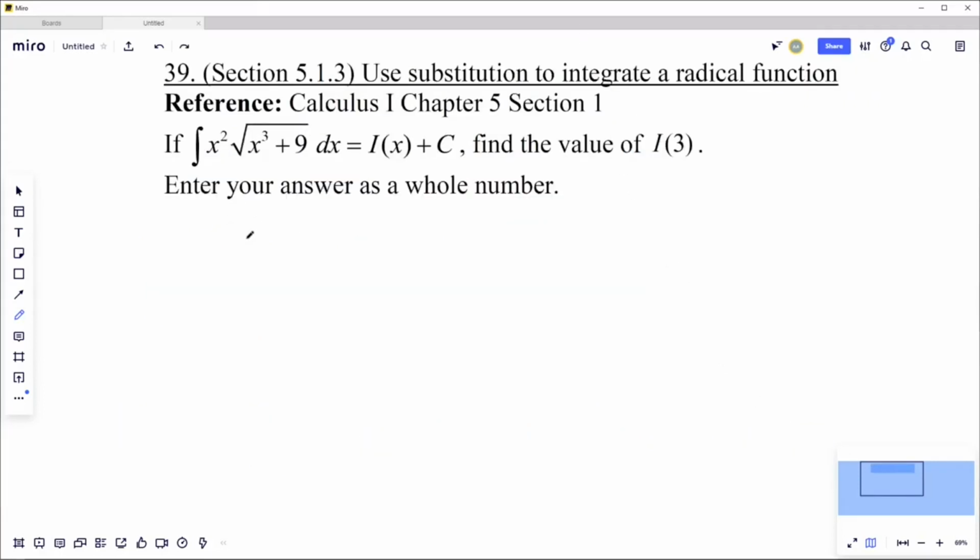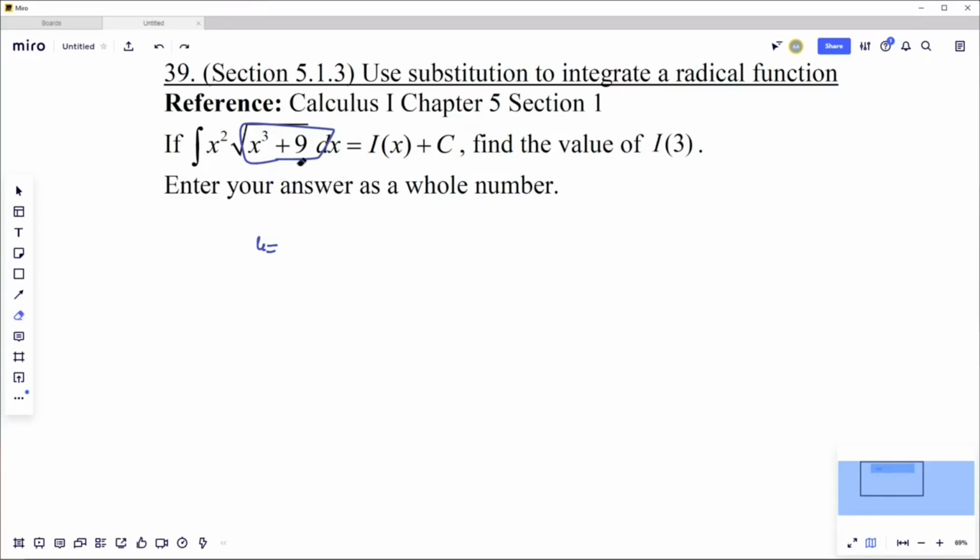So for this one you need to go back to using u equals, and we pick the one that is useful. If we pick x squared, it gives us a derivative of 2x. 2x does not help us with this, useless, so we're going to try picking this instead. If we take the derivative of this, you get 3x squared, and it is helpful because these two cancel, because you divide by the derivative.